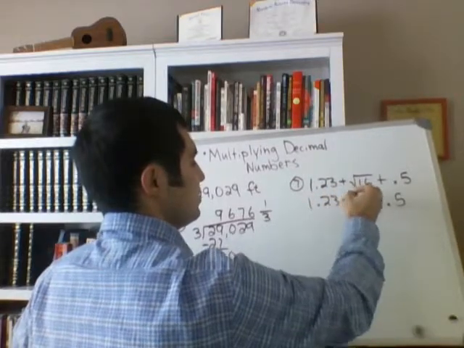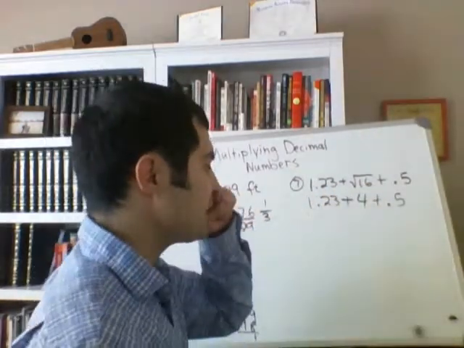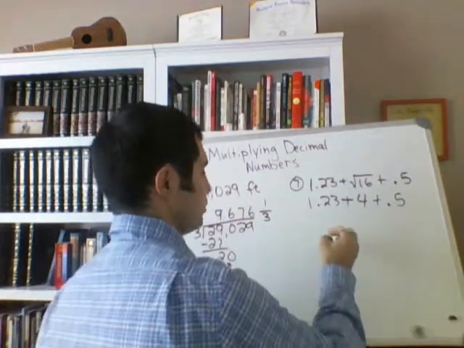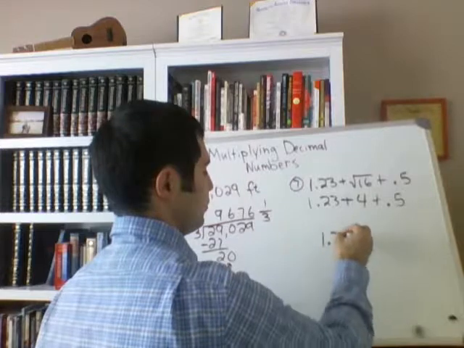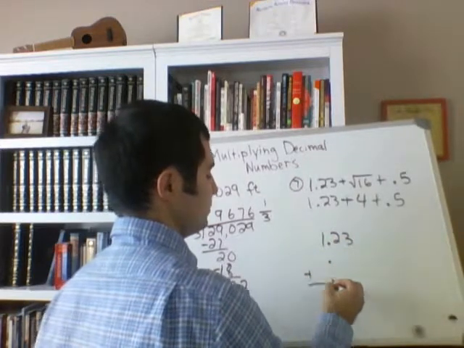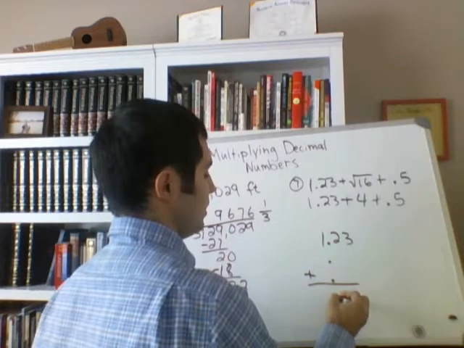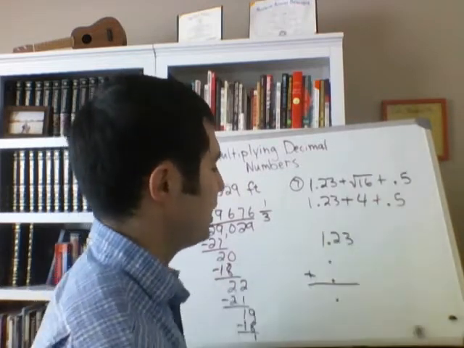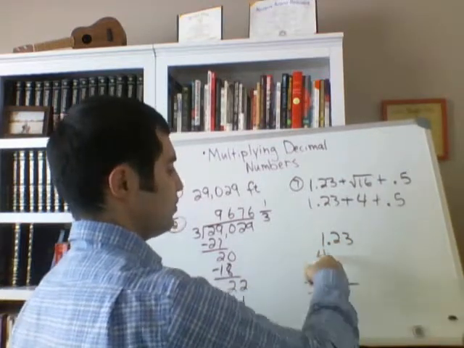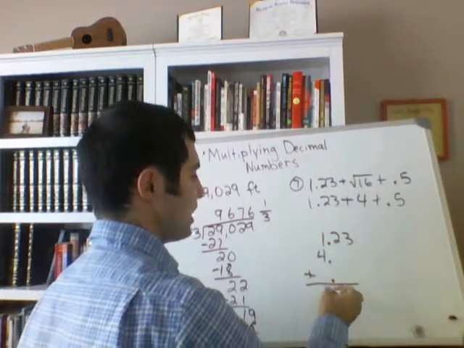Alright, when you guys get to a problem, and you're going across like this, you want to rewrite it up and down. Okay, so I'm going to take 1.23, write my decimal points, add them up. I do my decimal points first, that way I can line everything up. 4 goes in the 1 spot, right below 1, which is also in the 1 spot.